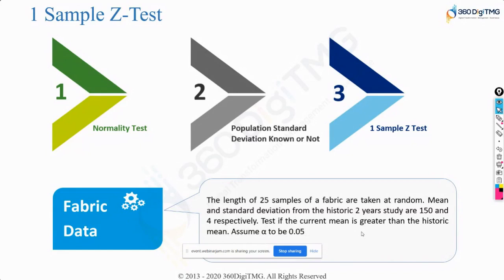And we concluded that the current mean was greater than the 150 meters standard. That means the machine was cutting the length at a higher value. More length was given. So we had to stop the production, check the machine and perform the maintenance task to make sure that it doesn't cut away additional cloth or fabric.